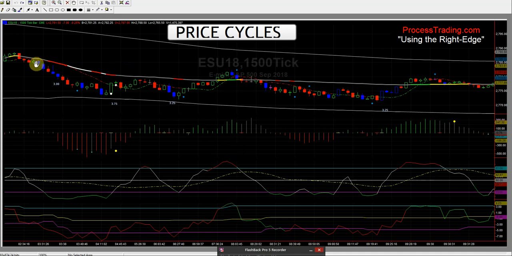Now here we see the blue price cycle bars coming down, and it doesn't really matter who's making that happen. We don't care who's making it happen. Really what we care about is what is occurring and when it's occurring. The who just doesn't matter to us.